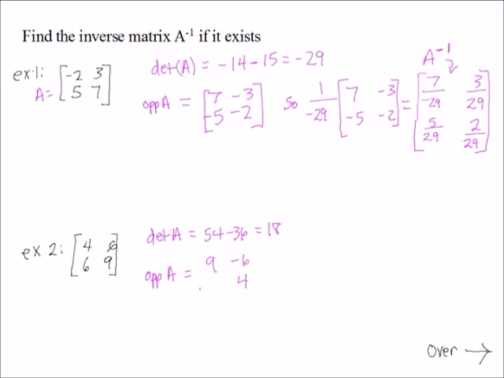So -6, -6, okay? And then we want to do the scalar multiplication. So this is going to be 1 over 18, times 9, -6, -6, and 4, okay?